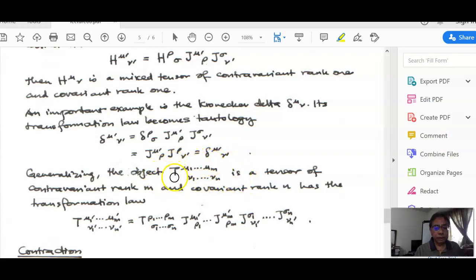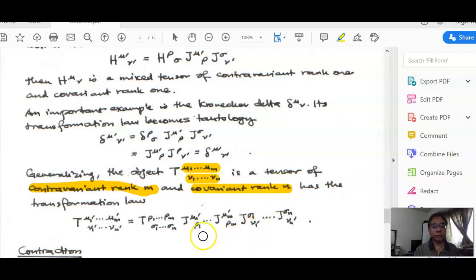You can think of it in this way. For example, this is another, much more general tensor, of which the rank depends on how many indices appear. Here there will be m indices on top, so that means it's contravariant rank m, and n indices at the bottom, and that's covariant rank n.